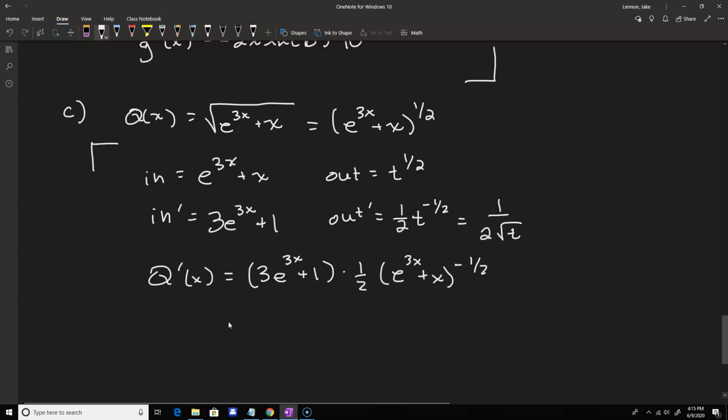So if you want to rewrite that using the radical notation, it can be written as 3e to the 3x plus 1 divided by 2 times the square root of e to the 3x plus x.